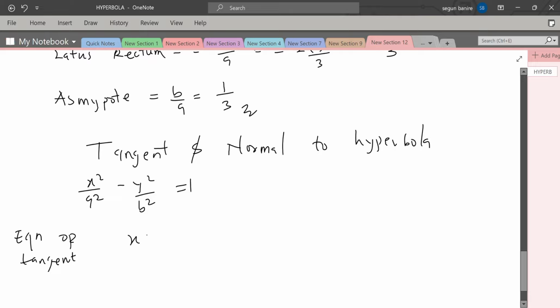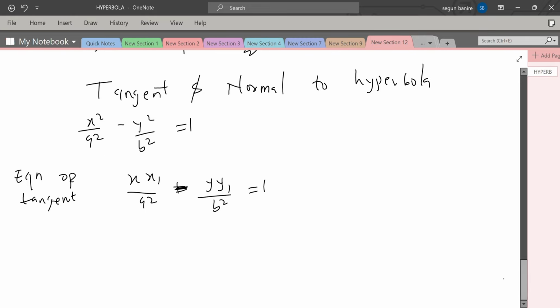It is xx1 over a squared minus yy1 over b squared is equal to 1. And your normal will be m2 is equal to minus 1 over m1. Then you use this formula to get your slope, to get the equation.